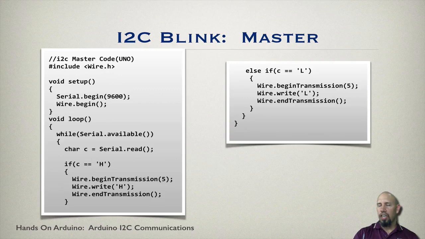Wire.h does the I2C communication. There's a library that takes care of all the bit twiddling, setting of registers, reading registers, all that kind of stuff that's needed. We could actually get down to that level of things, but for now it's probably just as well to use the library.